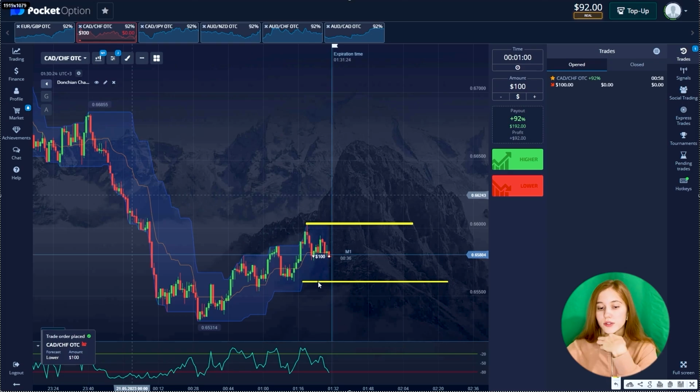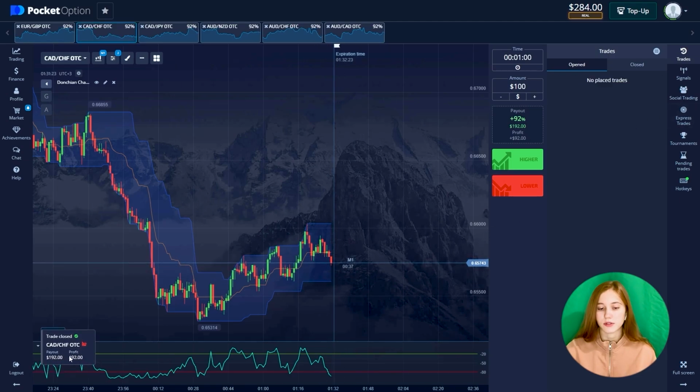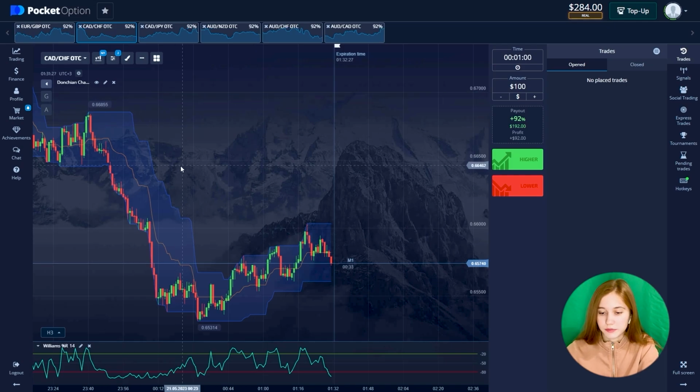We move on to the support area, and by the second indicator we are also in the lower position. Let's see. Yeah, great. Our deal is going into plus. Our profit is $92. Let's move on to our third concept.